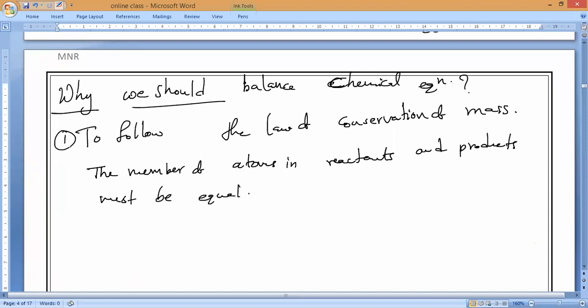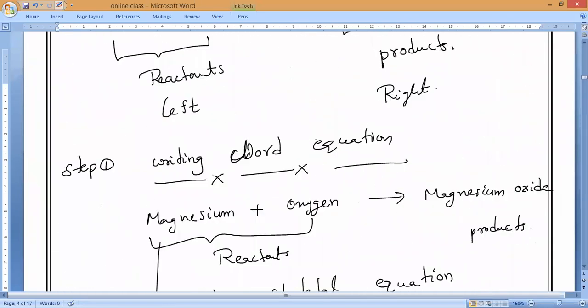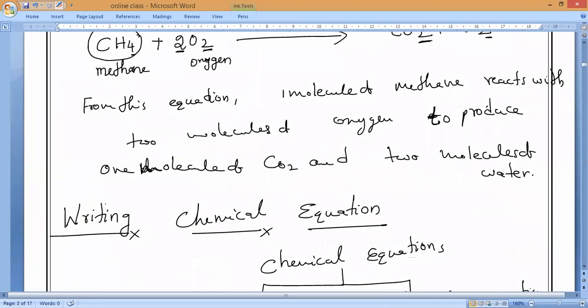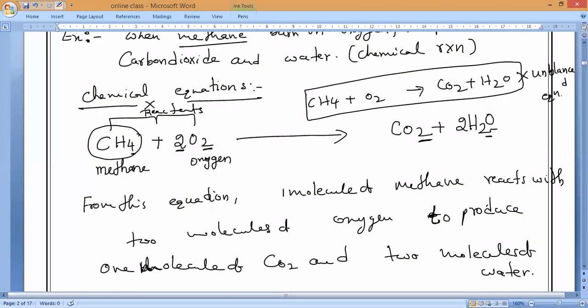Next, what is the second importance? We must know how much amount of reactants is needed and how much amount of products are coming. For example, before we studied methane reacting. If we balance the equation, we can get information: how many molecules of reactants are reacting and how many products we are getting.